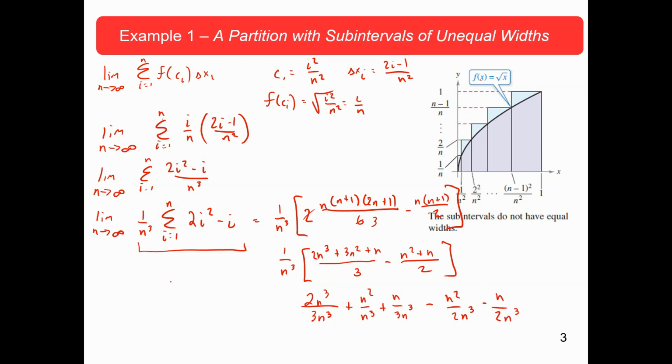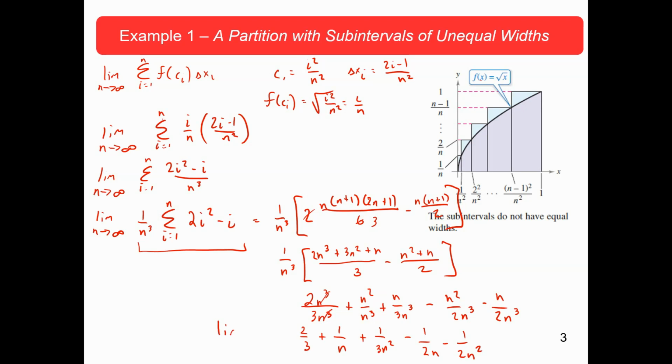So this is going to give us 2/3, right, the n cubes cancel out, plus 1 over n plus 1 over 3n squared minus 1 over 2n minus 1 over 2n squared.